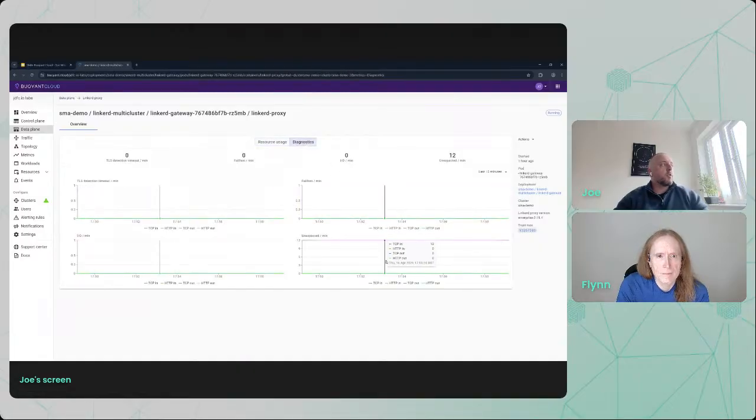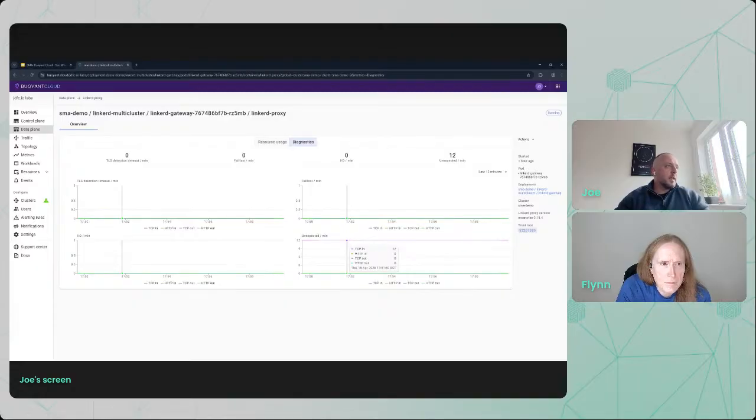Now, there's not a lot of traffic going in and out at the moment, so this looks a little bit empty. In the lower right, what's that unexpected per minute? So this is some TCP connections that are hitting the gateway. What makes them unexpected?